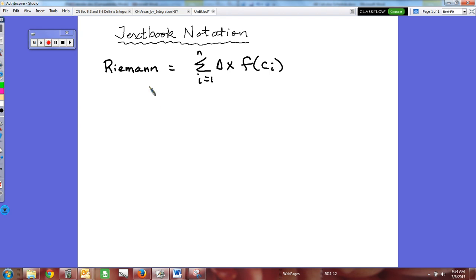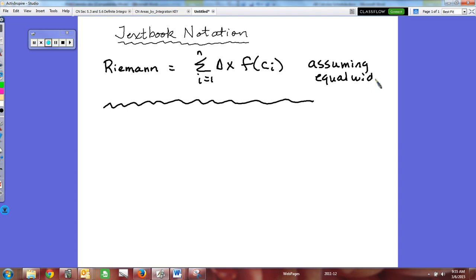What's a little different here, expanding the definition of the Riemann sums, is that we were assuming that delta x was from equal width partitions, that we were dividing it so that all of our rectangles had exactly the same width. So we were doing n rectangles and delta x was the equal width that we were using.